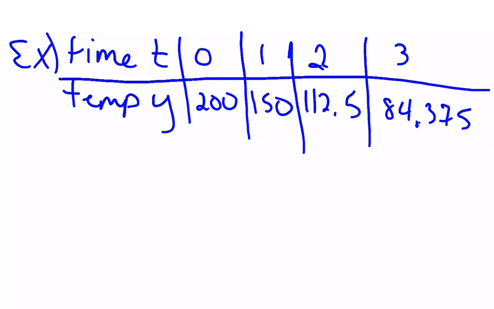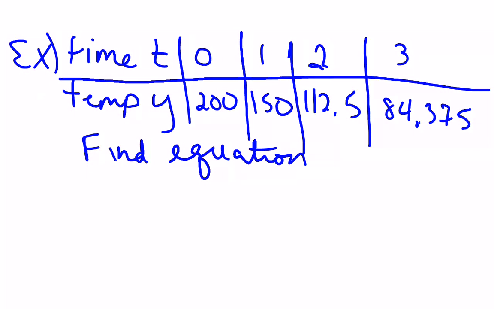Okay, and they want us to find the equation. Based on this information, knowing that they plug in these values for time and get the temperature, what is our equation? They're assuming this is an exponential equation. We know that anything to the 0 power is 1. So right here in this first column, that gives us a lot of information.